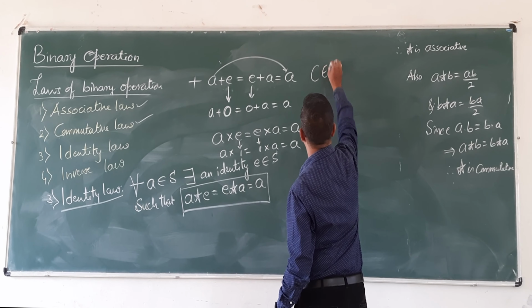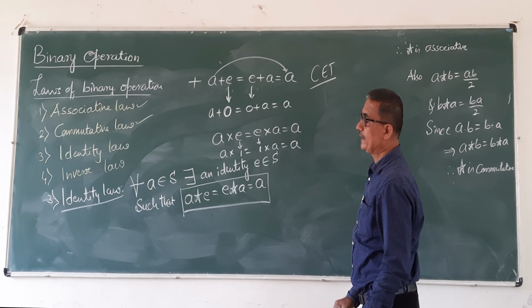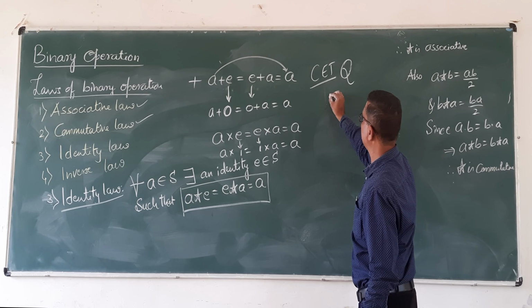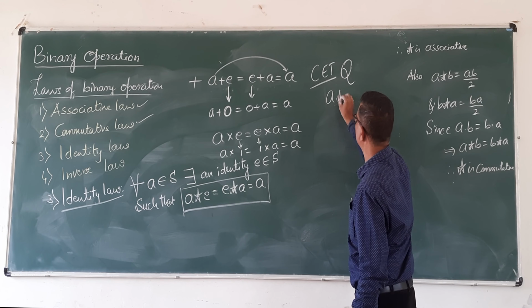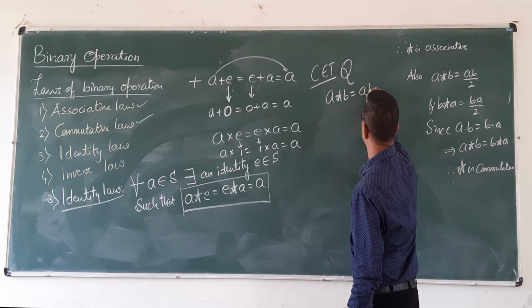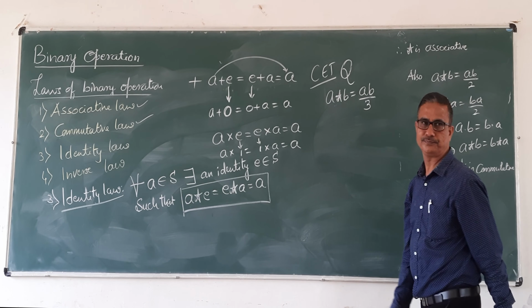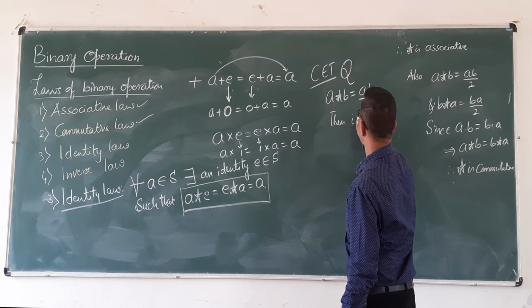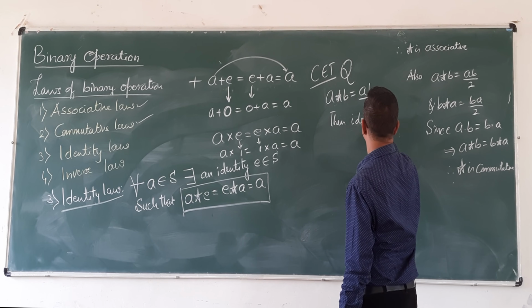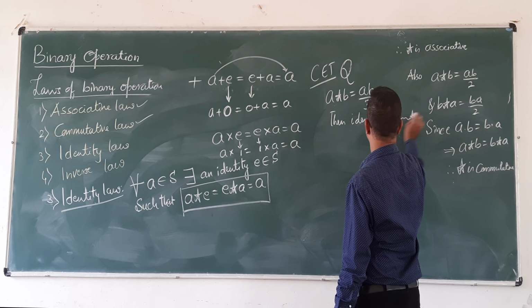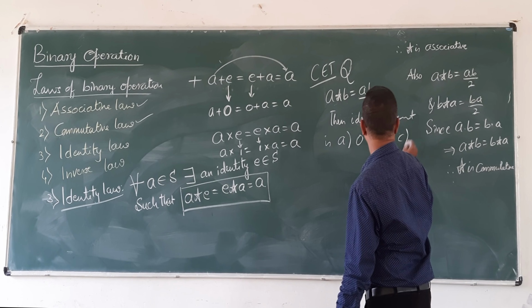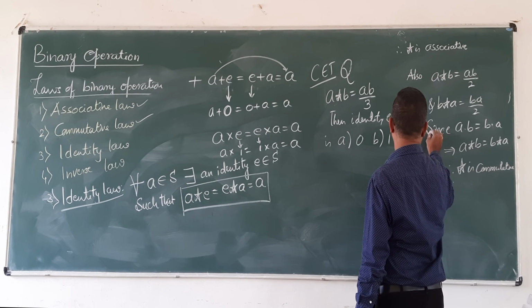A simple question: on the set of rational numbers Q, star is a binary operation defined by A star B is equal to AB upon 3. Now the question is, then the identity element is option A 0, option B 1, option C 2, option D 3.